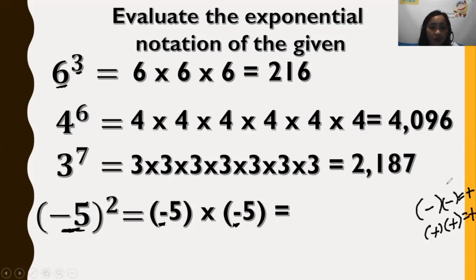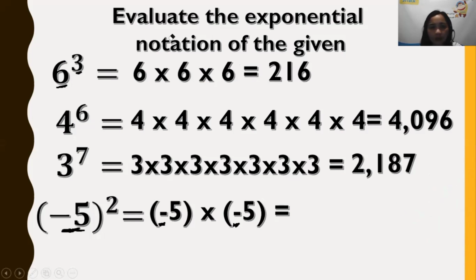Again, if you are going to multiply numbers with same symbol, the product is positive. But if you multiply numbers with different symbol, halimbawa, isang positive, ita-times mo sa isang negative, ang sagot niya, automatically negative.